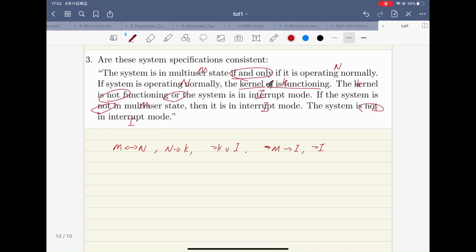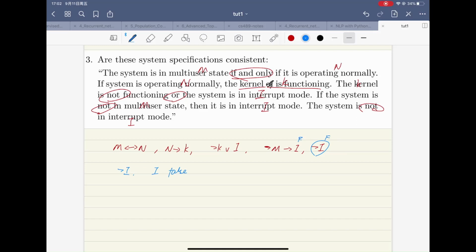So if this system specification is consistent, each statement must be true, right? And so first, if we want the not I statement to be true, then I must be false, right? This negation of I, so I must be false.